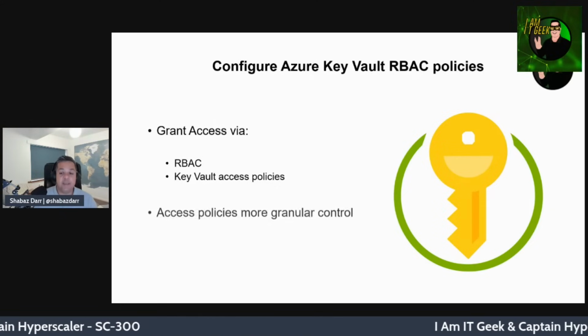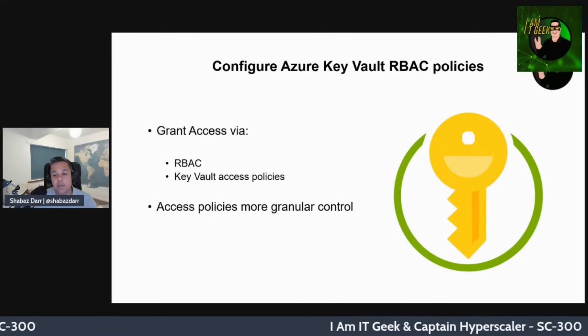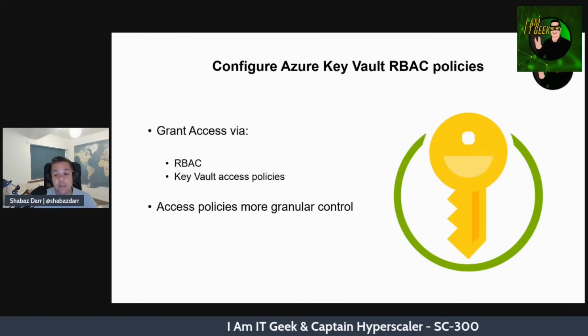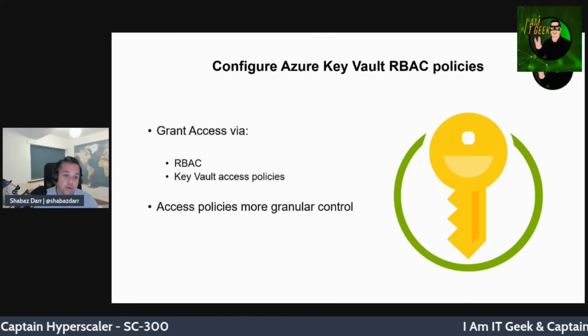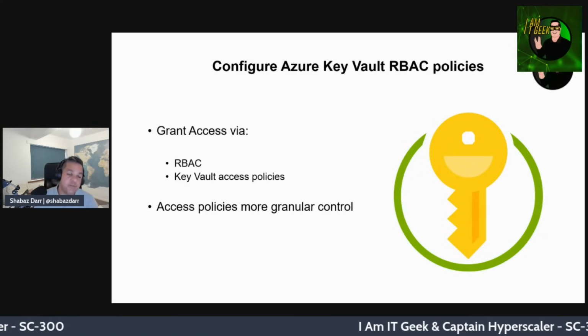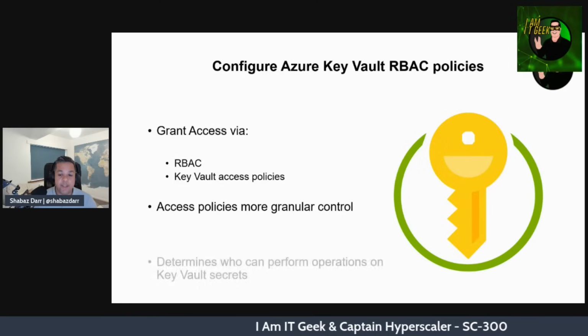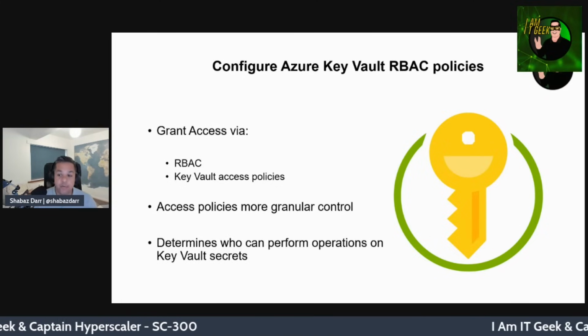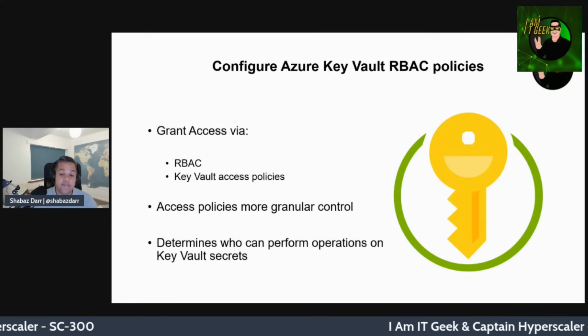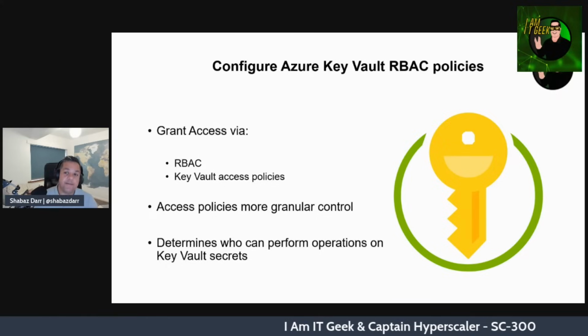Access policies give you a little more granular control, but it can be harder to manage sometimes. So you need to choose the option that best suits your organization's security posture requirements. A Key Vault access policy determines whether a user, an application, or a group can perform operations on Key Vault secrets, keys, and certificates.